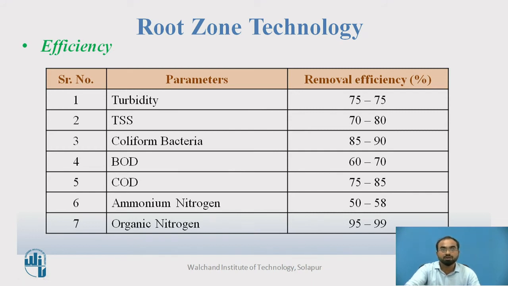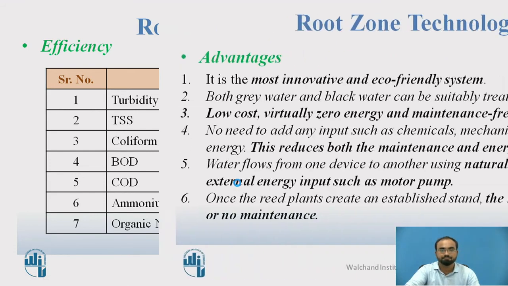But for pure root zone technology, it is around 60 to 70%. Talking about COD, it is 75 to 85%. Ammonium nitrogen has a removal efficiency of 50 to 58%, and organic nitrogen has the highest removal efficiency, that is 95 to 99%.